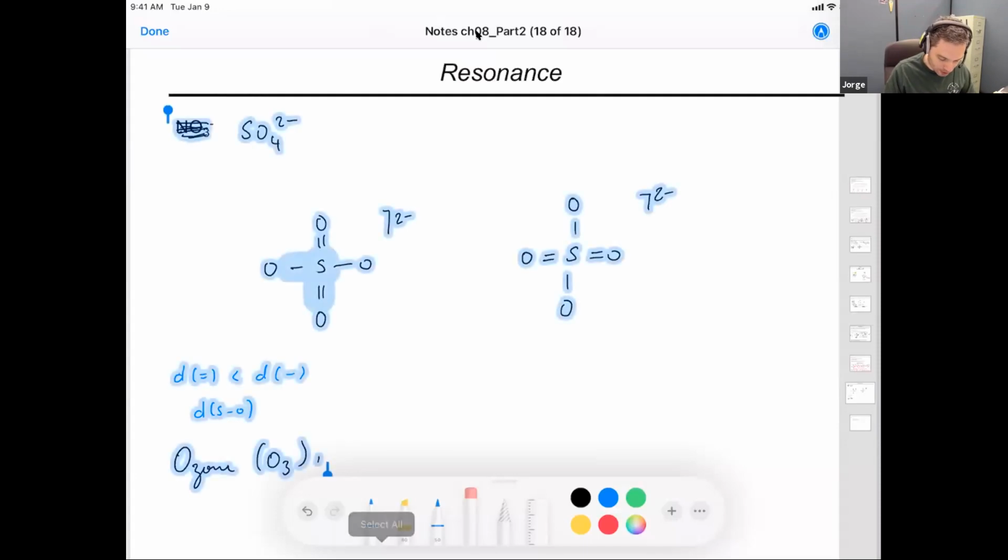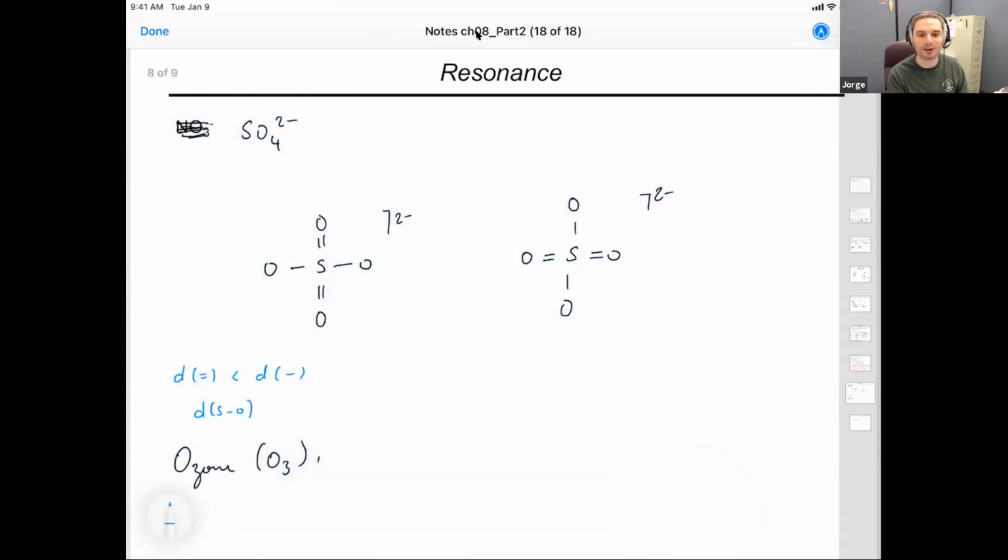So resonance means that the double bond is not located in a specific bond, but it's moving around the compound. Every time we have a double bond next to a single bond, you usually have resonance.